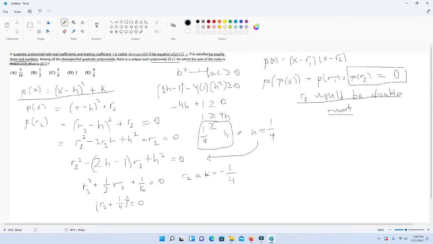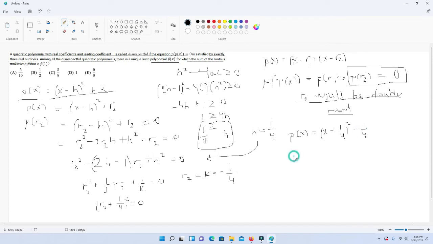So then we can use all this information and replace our initial vertex form polynomial for p of x, replacing the coefficients h and k with their actual values. We can write that p of x is equal to (x minus 1/4) squared, with h being 1/4 from maximizing, plus k, which we found to be negative 1/4.